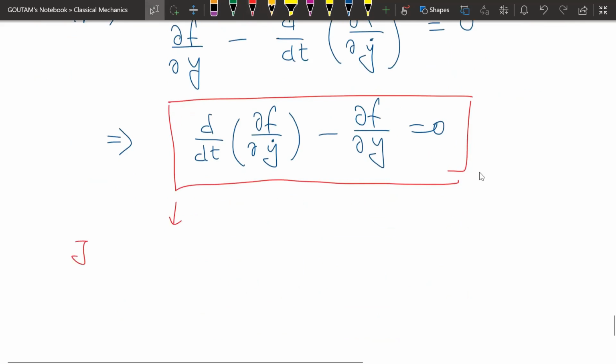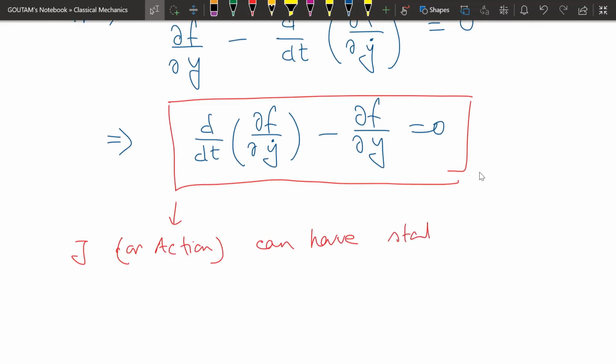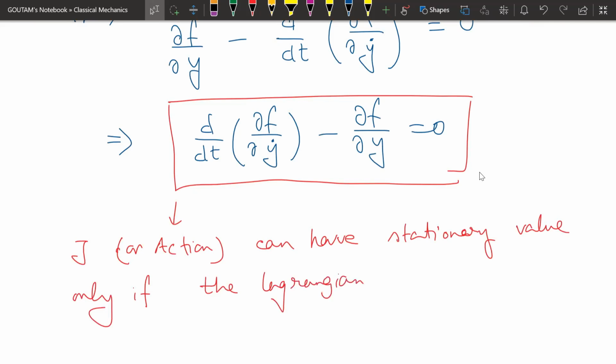So J, the action, can have a stationary value only if the Lagrangian, which is f here, satisfies this equation.